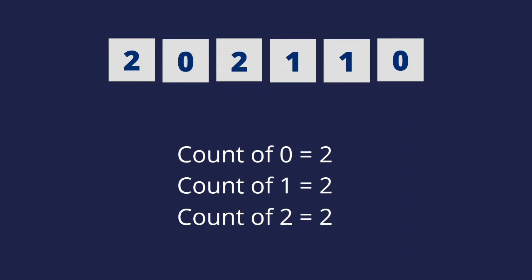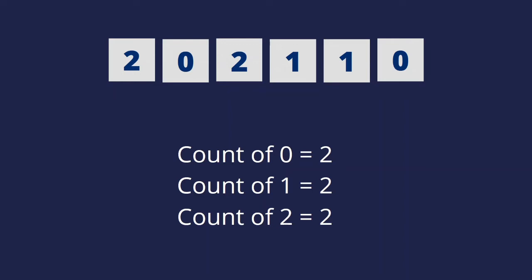We will run a loop, firstly up to the occurrences of 0, in which we make the array elements 0. After that we make the remaining part of the array, up to the occurrences of 1, equal to 1, and after that we make the remaining occurrences 2.